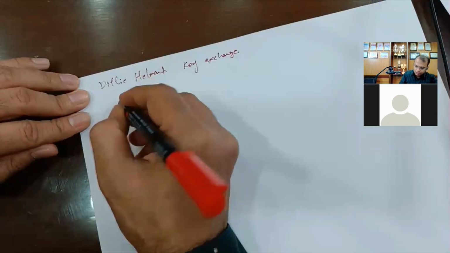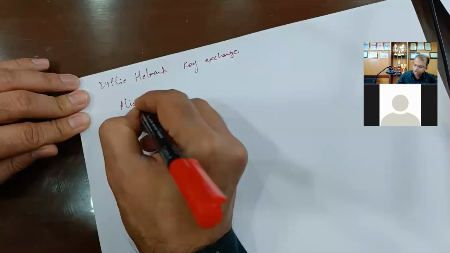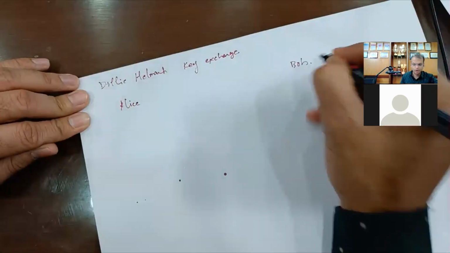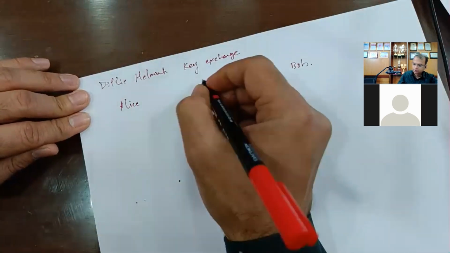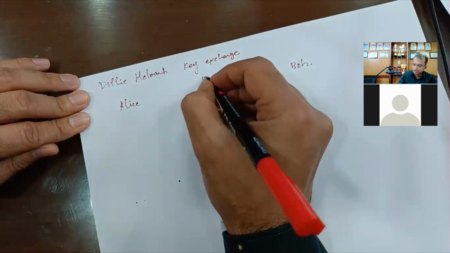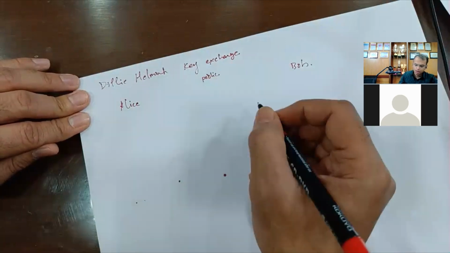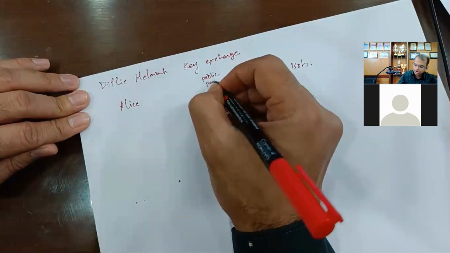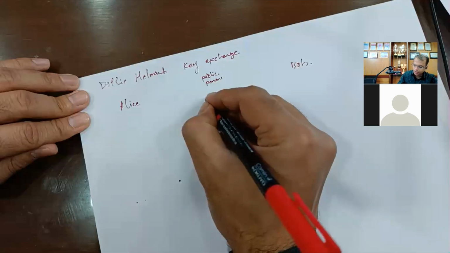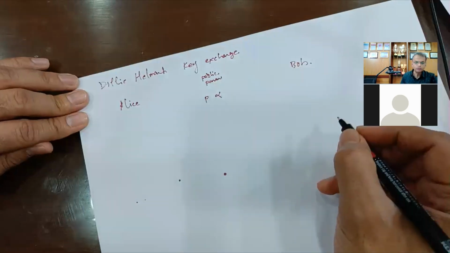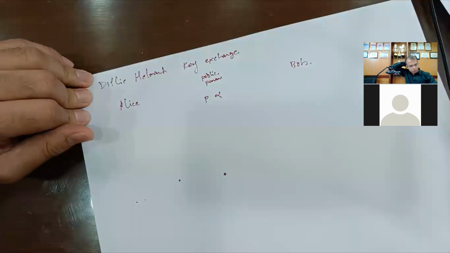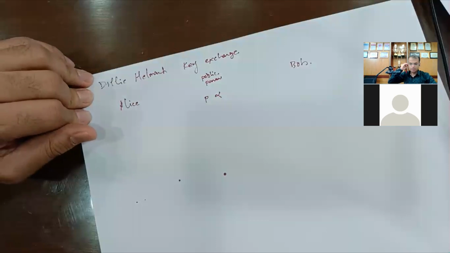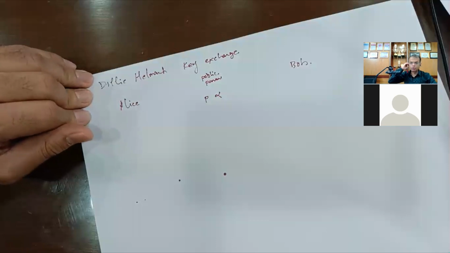Again, we'll bring Alice and Bob into the picture. Now what they do is they share a few public parameters. What are those public parameters? There are two public parameters, P and alpha. If you remember, in the last unit we talked about a mathematical term called primitive root.